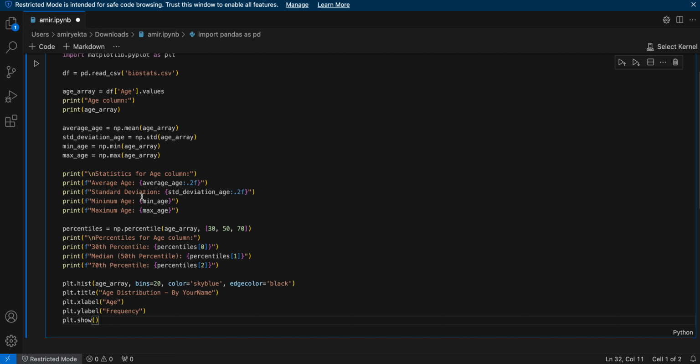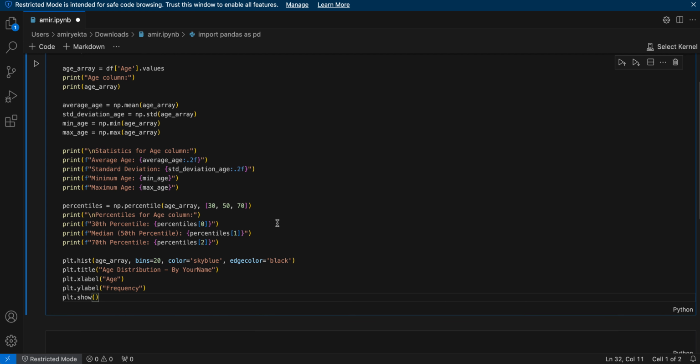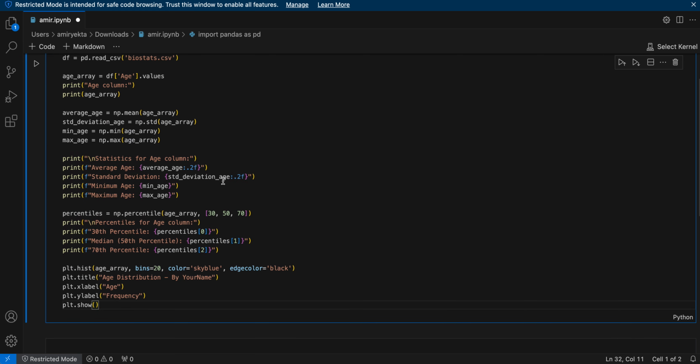The standard deviation tells us how scattered or close these points are. It's like understanding the diversity of characters in our adventure tales. Then we have the minimum and the maximum, right? As you can see, we have the maximum here, and then we have our minimums here. These give us the boundaries, the youngest and oldest adventures in our tales.